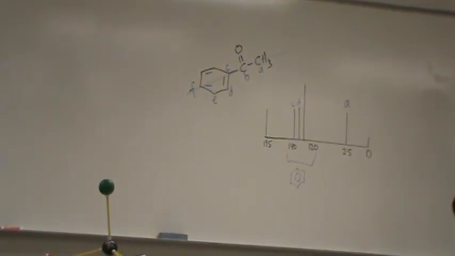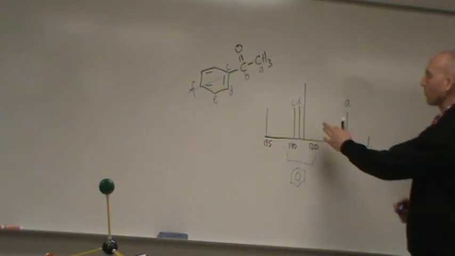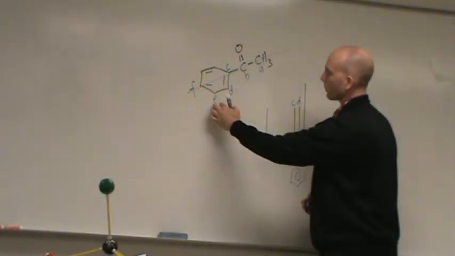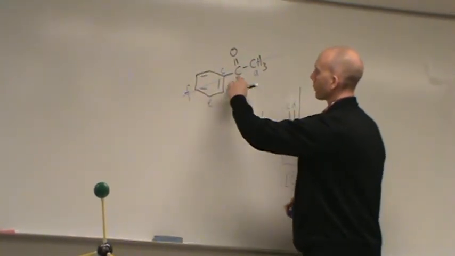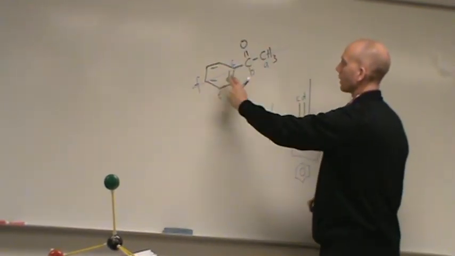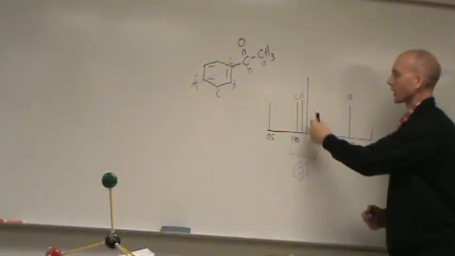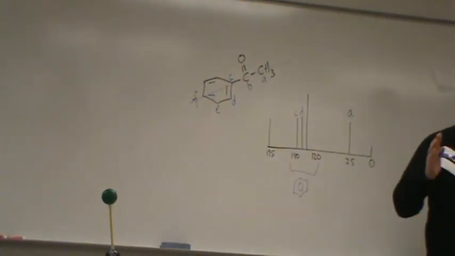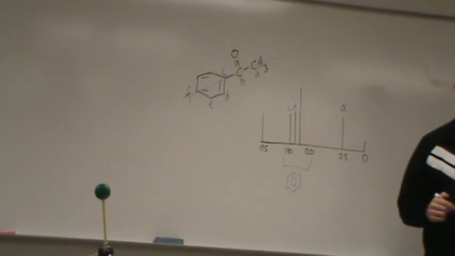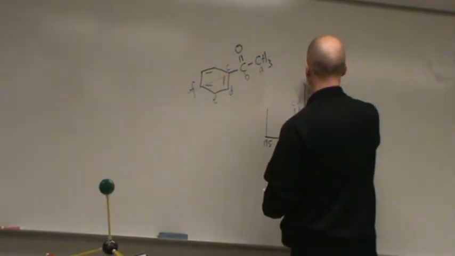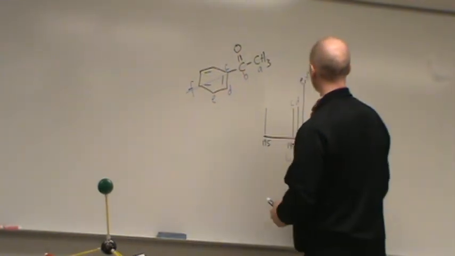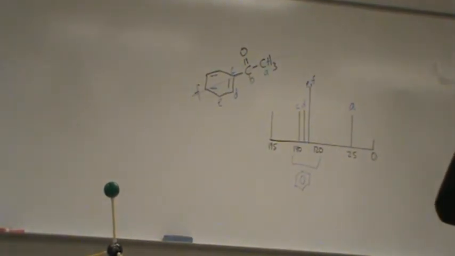Okay. But now I have 1 peak left. Well, what must be going on is E and F are far enough away from this de-shielder that they basically overlap. I couldn't have predicted that, but the spectrum is telling me that. Okay? So E and F are represented by that peak.